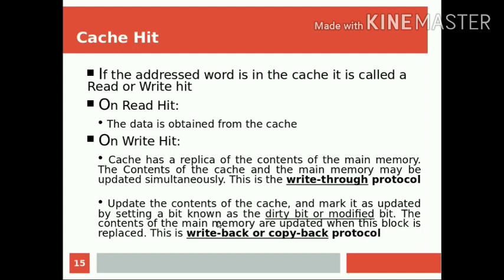The content will not be written at that time itself, but will be written back to the corresponding main memory block only when this block is replaced from the cache memory by another memory block. That's about the write back protocol, and these two protocols have their corresponding advantages and disadvantages.